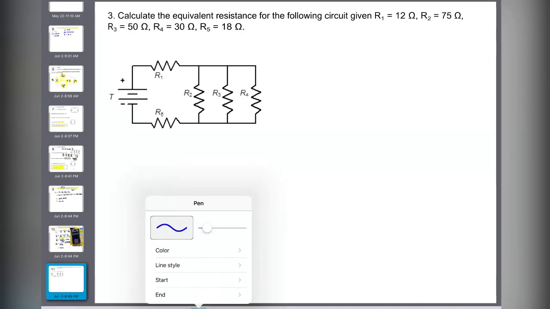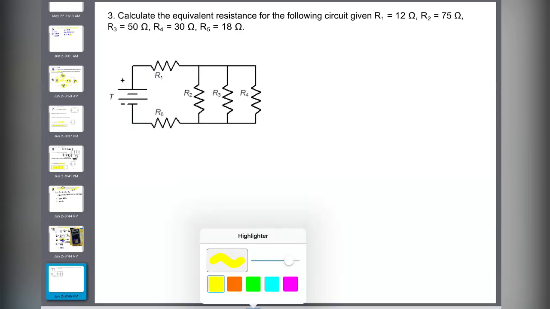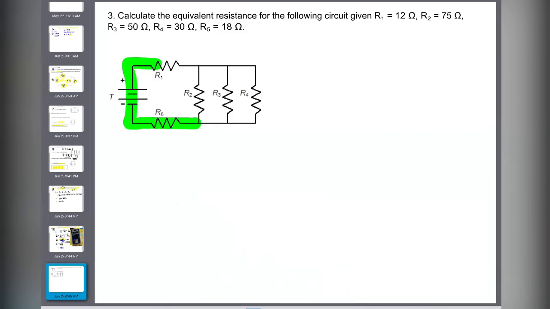So let's talk about what is in series, and use the same green thing. This is in series with each other. Do you agree with it? But then connected in parallel with these three guys.